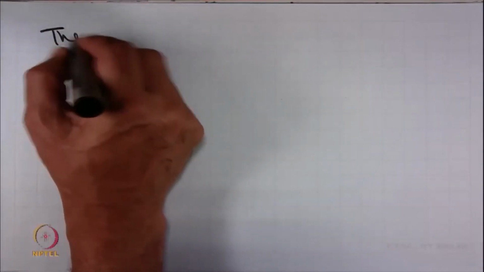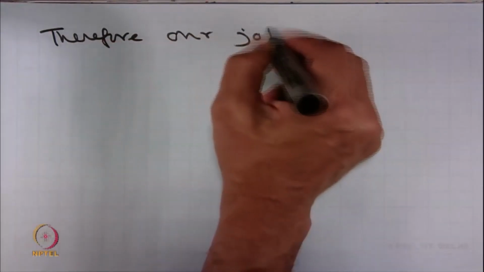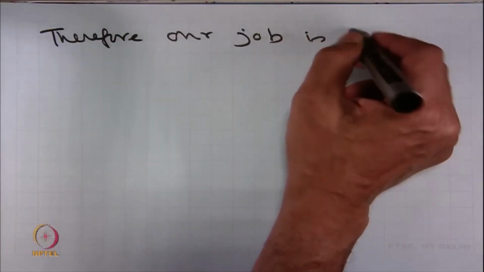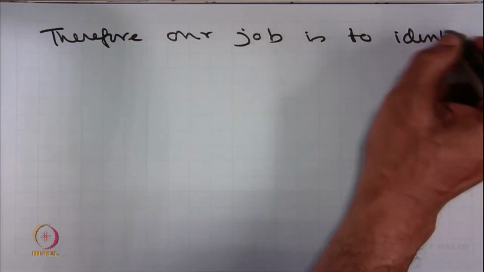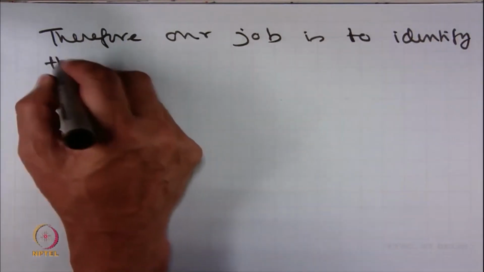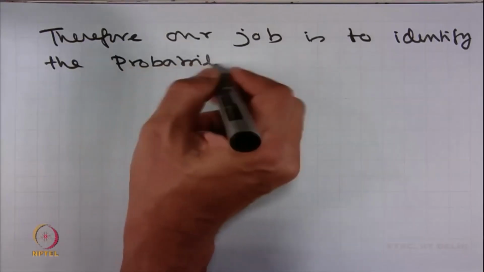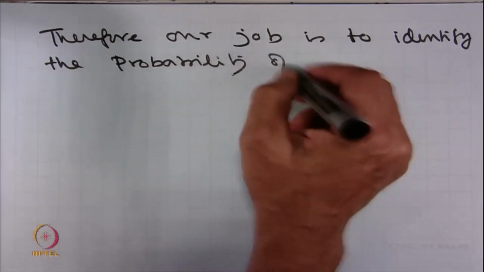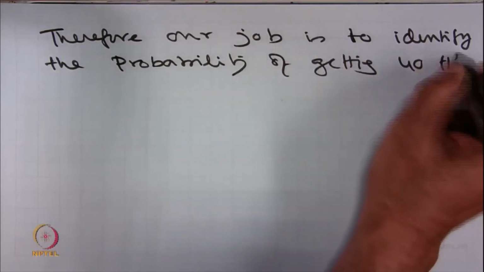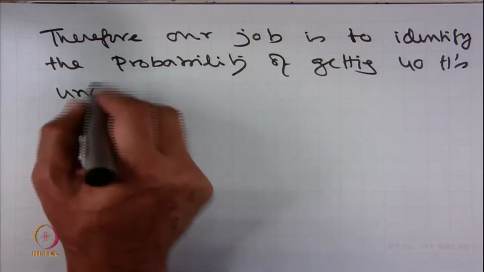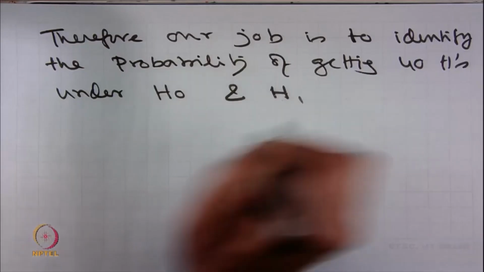Therefore, our job is to identify the probability of getting 40 heads under H naught and H 1.